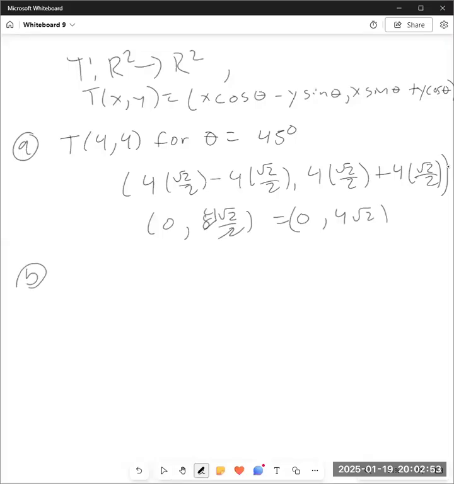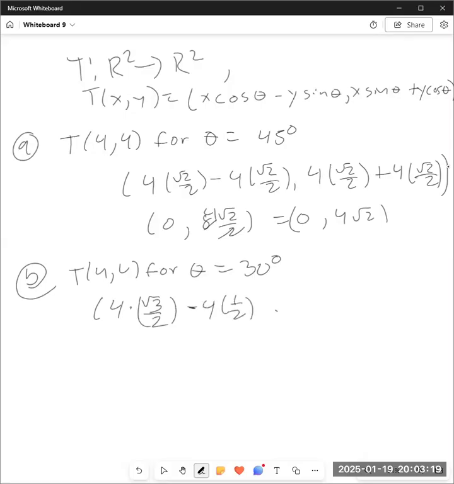Then part B asks us to find T of 4, 4 for theta equals 30 degrees. So that will be 4 times the cosine of 30 degrees minus 4 times the sine of 30 degrees.